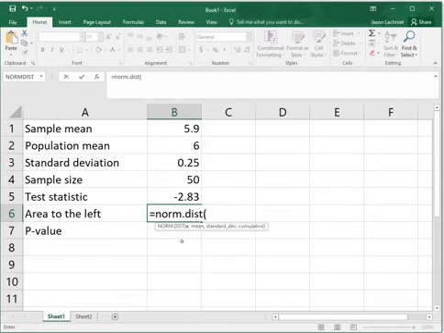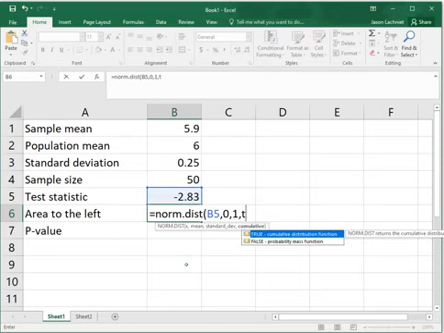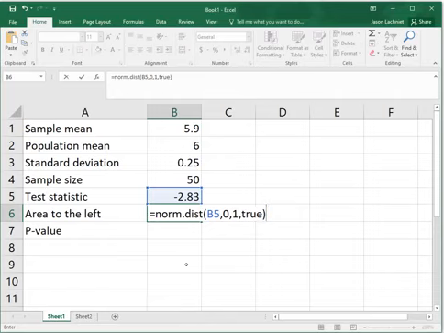I give it that test statistic as my input value, and then because we've standardized to z-scores, we're really working with a standard normal distribution, mean 0, standard deviation 1, and we always choose the option here, true. So it's the norm.dist, and then the arguments are just the test statistic, comma 0, comma 1, comma true.